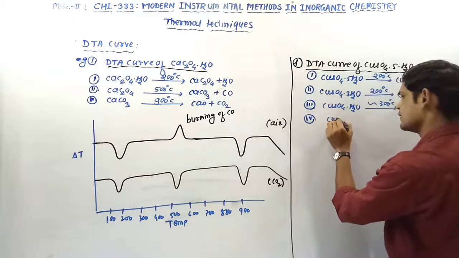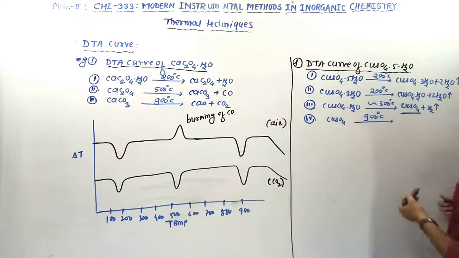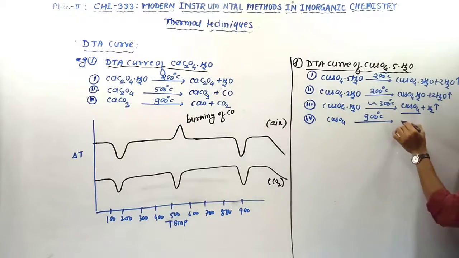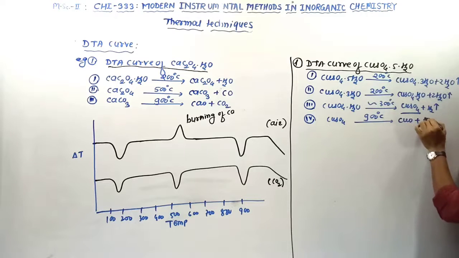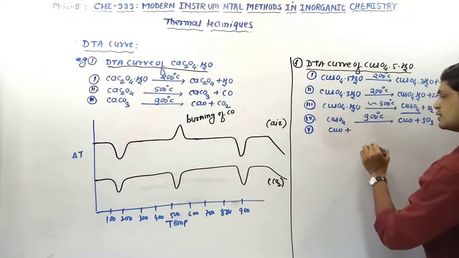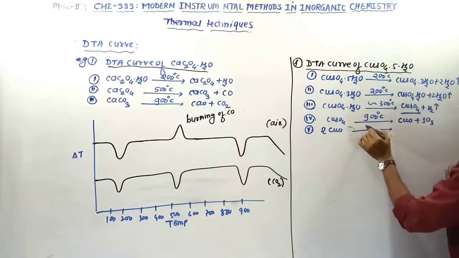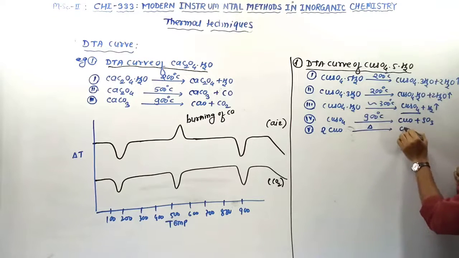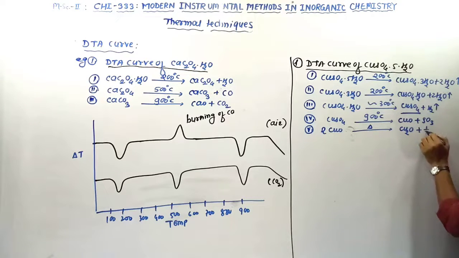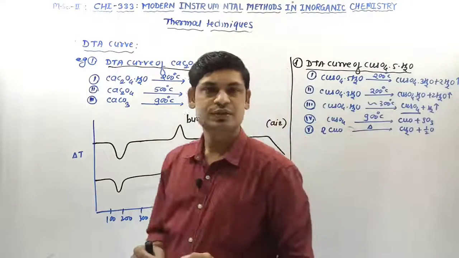This anhydrous copper sulfate, on further heating around 900 degrees Celsius, gets decomposed to give CuO plus SO3. This CuO again, upon heating, 2 moles at higher temperature, we will get Cu2O plus oxygen in this way. So these are the corresponding reactions.